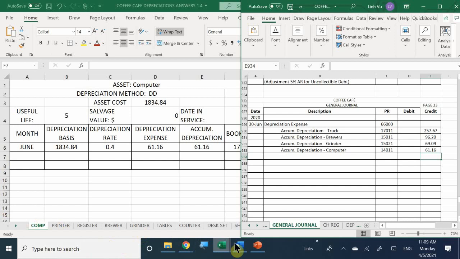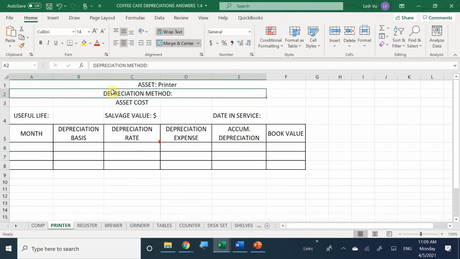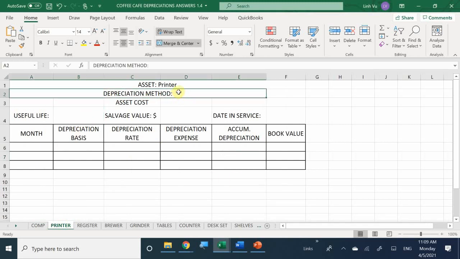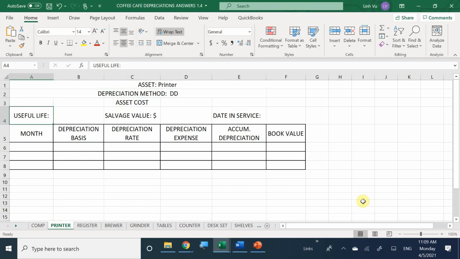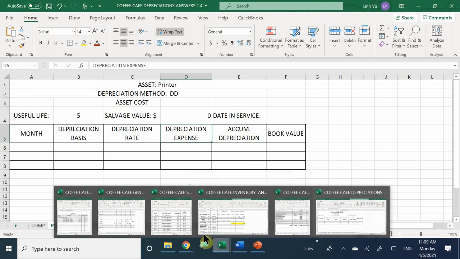All right. Next, we're going to go to my printer. Same thing here. We have double declining, so DD. We are given that it has a useful life of 5 years with a salvage value of 0. So let's go ahead and see when we actually bought the printer.